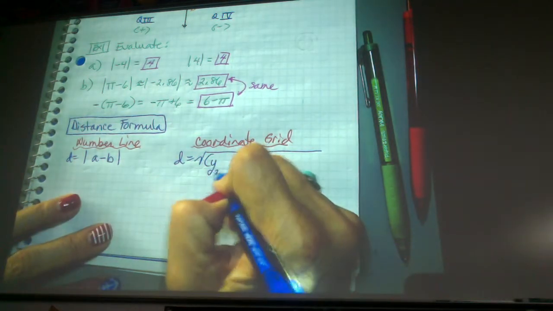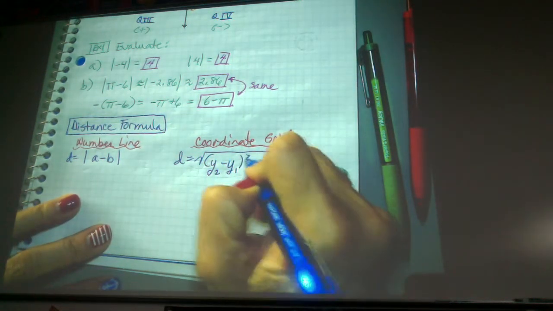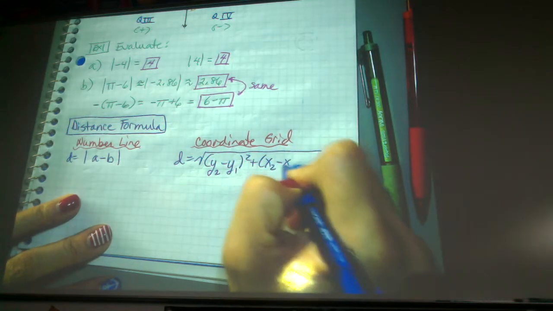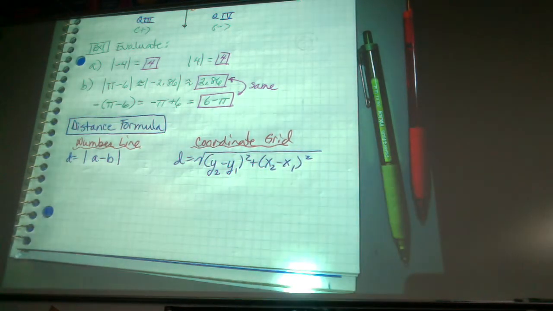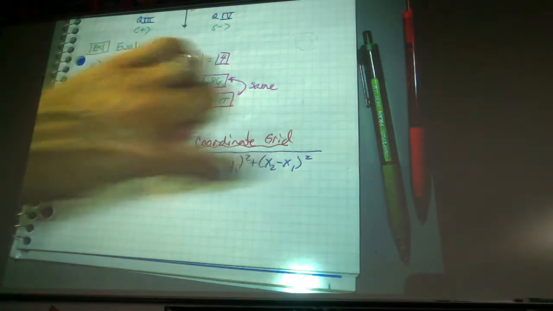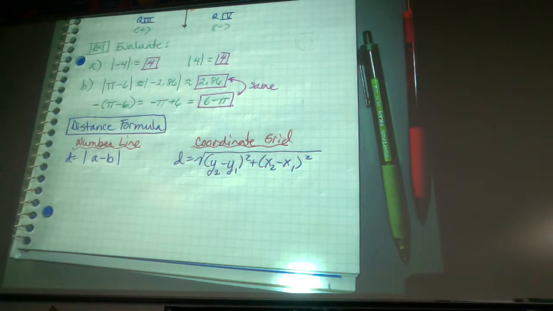So I choose to write it this way. Does it matter whether x of 2 comes before x of 1? No. You can have x of 1 minus x of 2. You can have the x's come before the y's. But essentially you're taking the difference of the y's, the difference of the x's, squaring them, adding that together, and then taking the square root. So that should be a familiar formula. In addition to that, the midpoint formula you'll need to know.